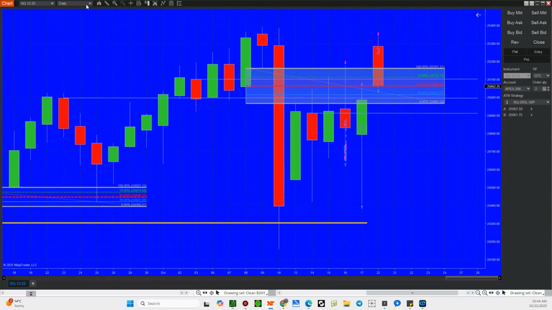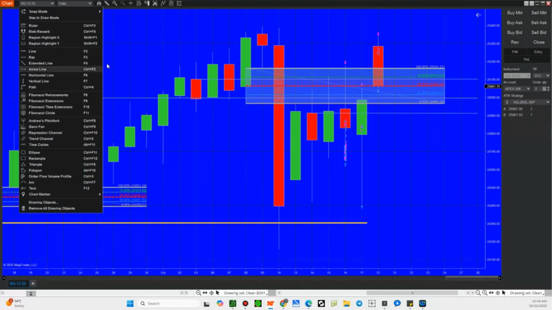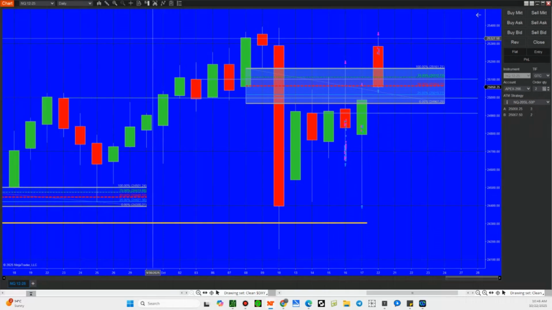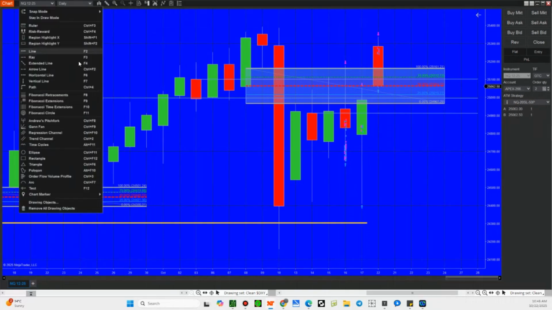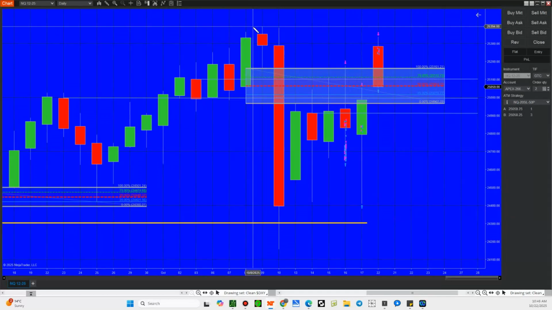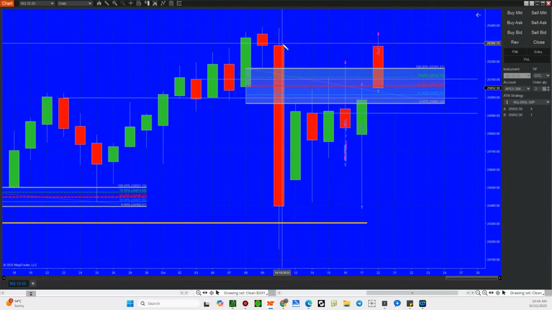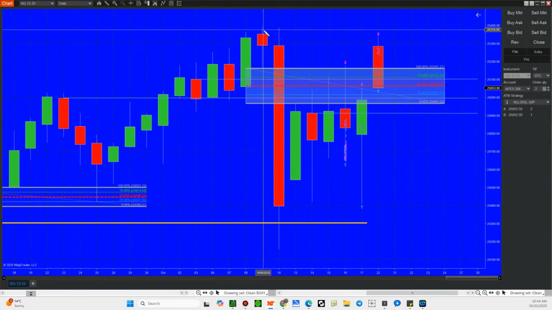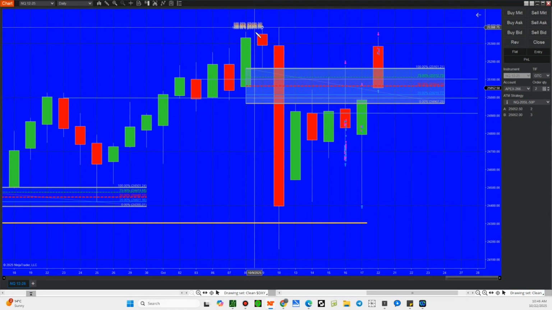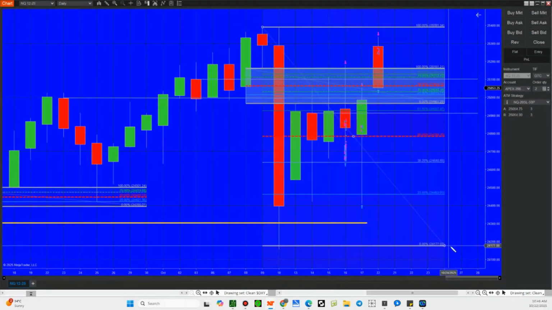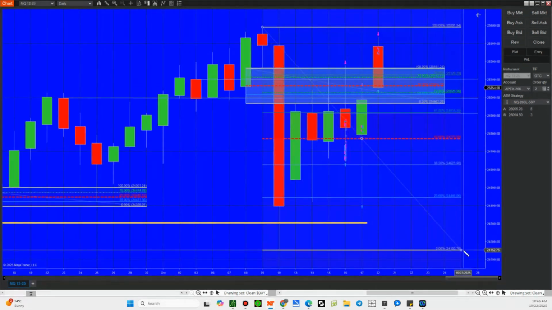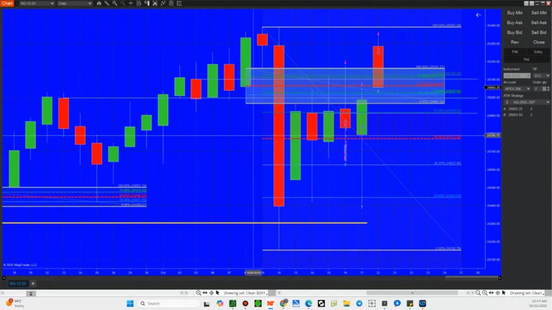So let's use a Fibonacci here to see where we are compared to the entire range, because we're still inside that big range. Remember that Friday, I believe Friday the 10th, we had a big drop. So we're still inside that range, guys. This is where we are right now.